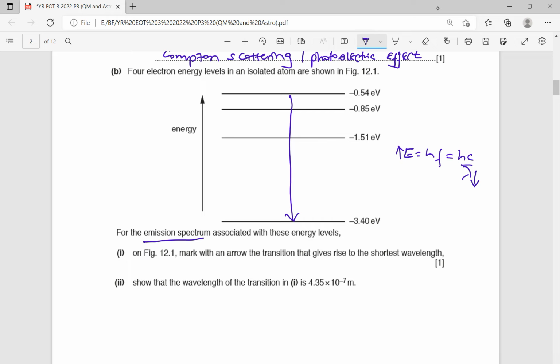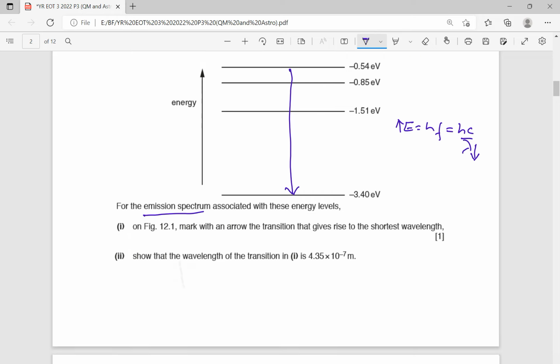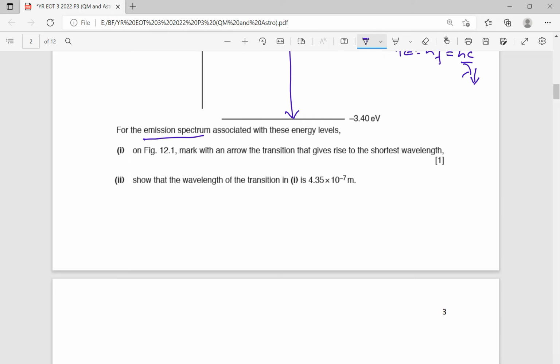Okay, next, show that the wavelength of the transition in Roman 1 is that. So we are going to show that wavelength very fast. The energy of a photon is equal to hc over lambda, which implies that wavelength lambda should be equal to hc divided by E, or difference in energy.